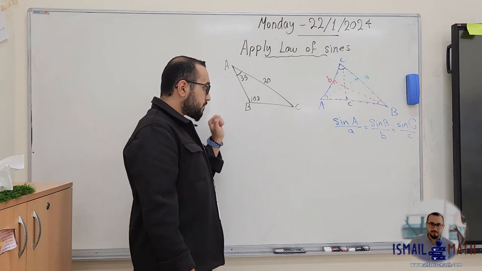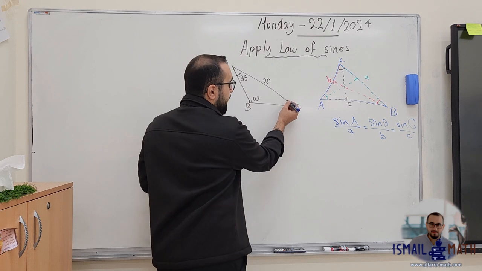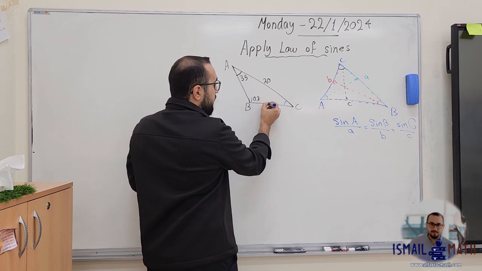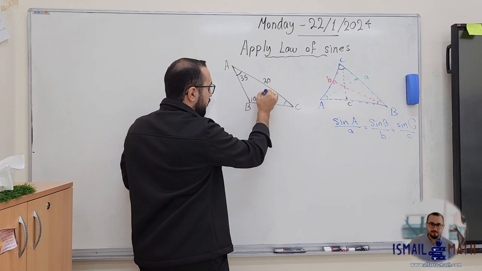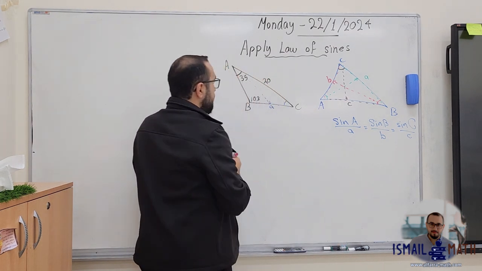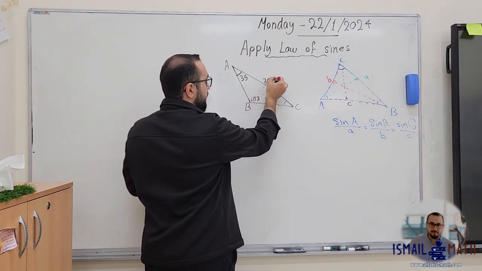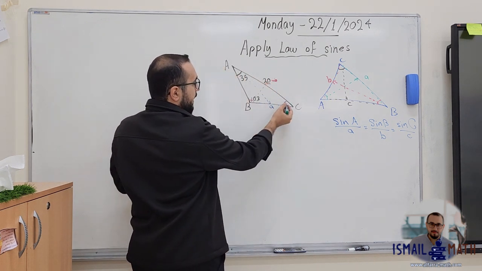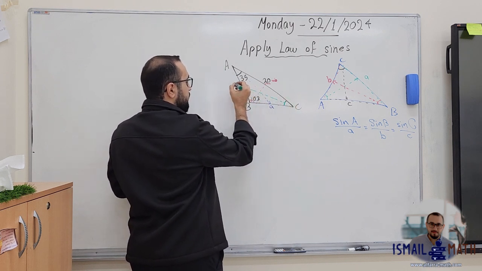Now let's apply what we learned about the law of sines to this example. We use the law of sines to find angles and sides. Here we have angle C, and the side opposite A is small a. This 20 is small b because it's opposite B. And the side opposite angle C is small c.